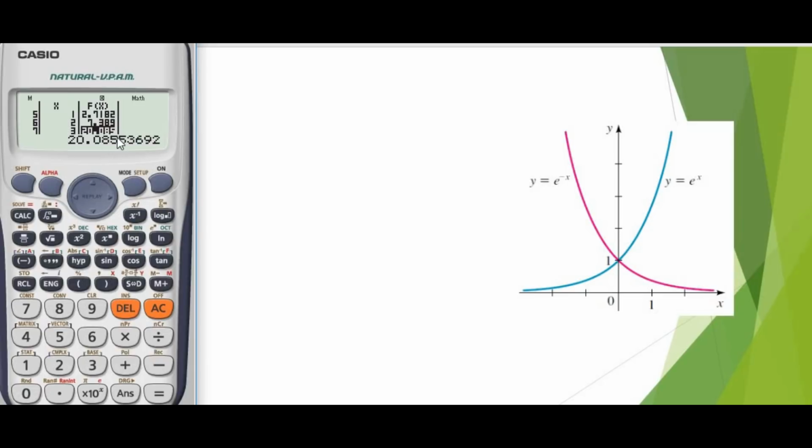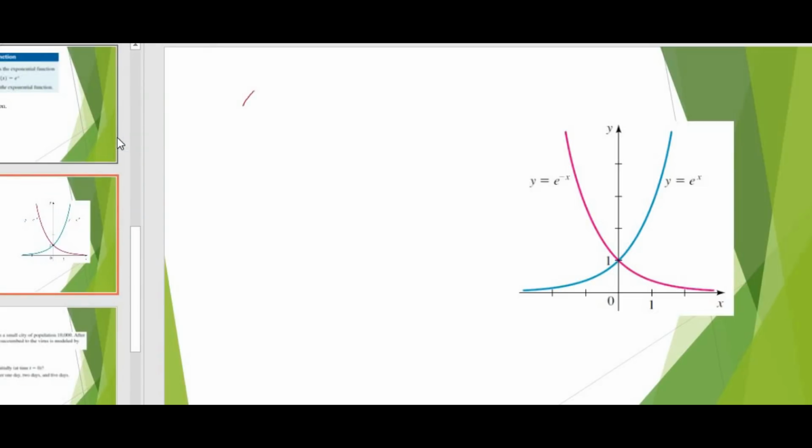Okay, so we will now write down our corresponding values. So we have x: -3, -2, -1, 0, 1, 2, 3.